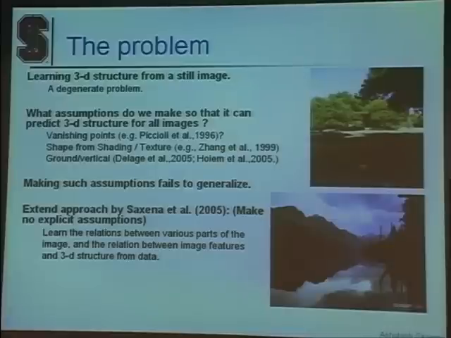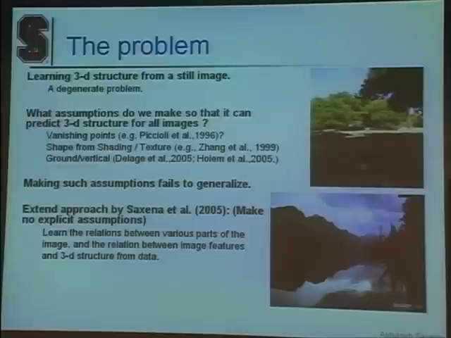One of the assumptions we talked about was vanishing points, in which we said there are some grass fields which are converging towards infinity, or if you look at a road, then the edges of the road are parallel, or the railway tracks are parallel. But as they go far away, they start converging towards the horizon. That is one of the assumptions that was first made by Piccioli et al. in 1996. There are other assumptions that were made.